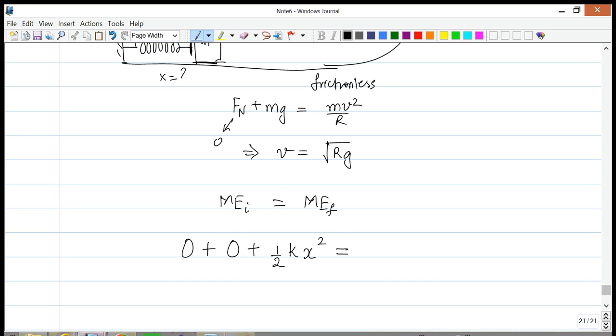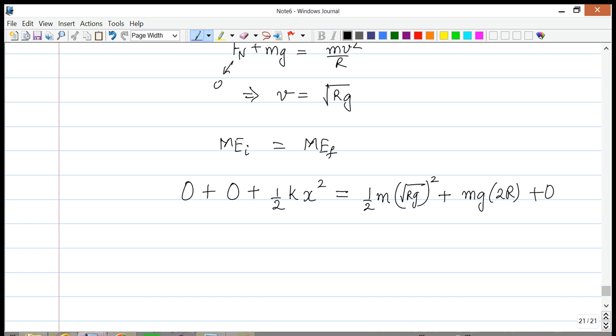At the top, at the highest point, we know the kinetic energy, which is 1/2 m times the square root of rg, squared, plus mg times 2r, and 0 for the spring potential energy, because the spring, once it releases, it's done. It doesn't do anything else anymore.